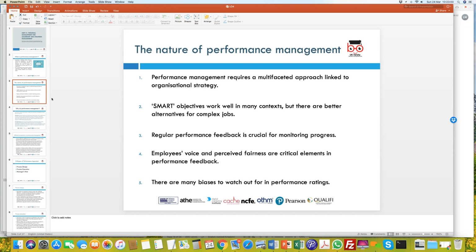And here the idea is to understand whether these targets are specific to you. Are they measurable? Are they achievable? Is that something which can be done? You also evaluate, are the targets realistic? And then you also see, do you have enough time and resources to be able to achieve those targets?